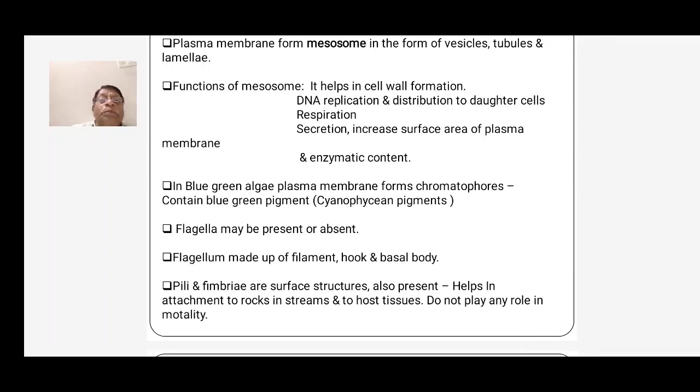This plasma membrane in the bacterial cells forms what is known as mesosome.